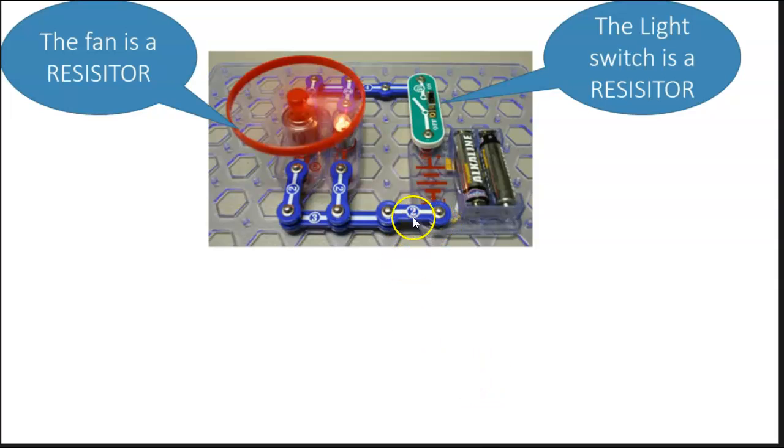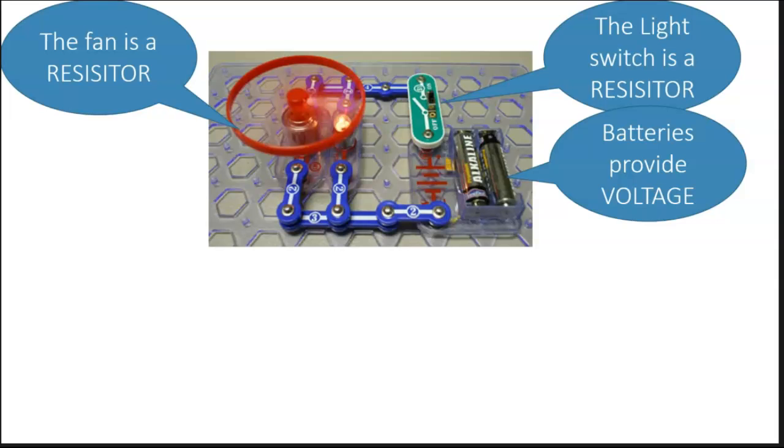How about if we removed one of these blue links? Would we have a flow of electricity? No, there would be nowhere for the electrons to travel. They have to have that route. They have to have a circuit to follow. Our battery is going to provide our voltage.